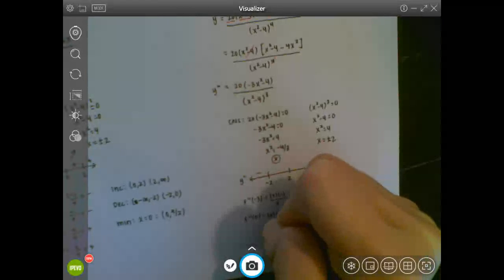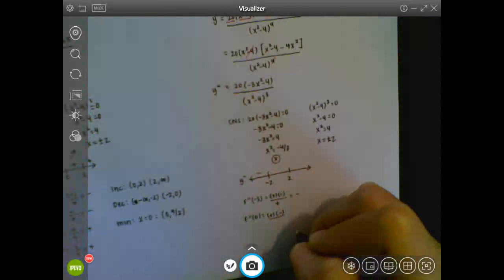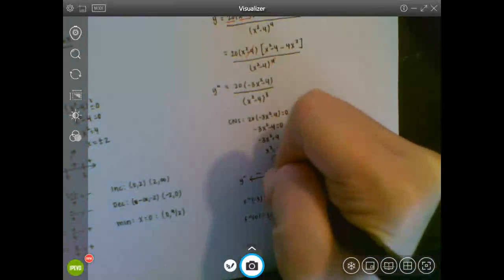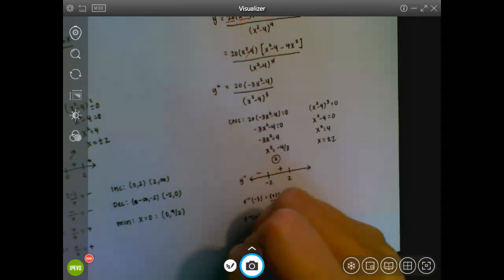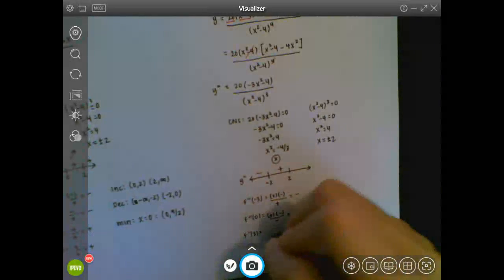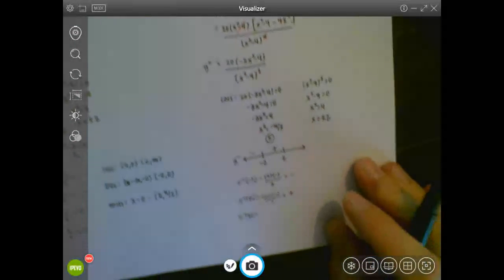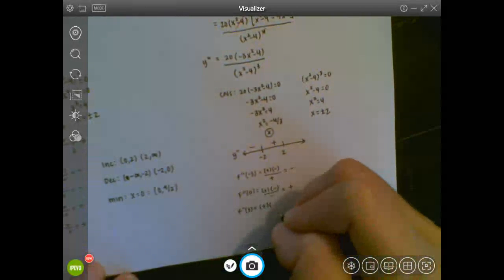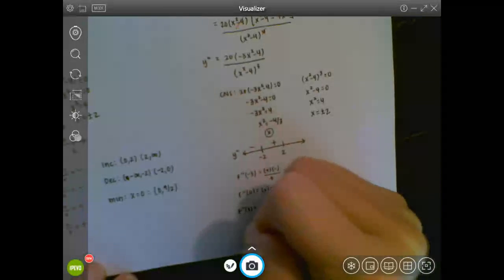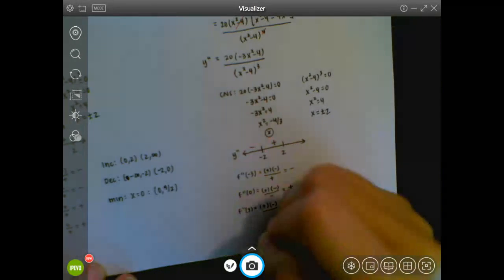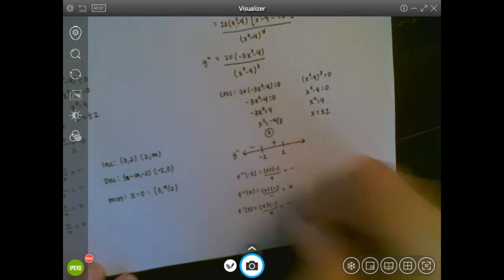That's going to be a minus, and then that will be a minus in my denominator. So that'll actually give me a plus for this interval. And then I'll test 3. Again, 20 is obviously positive. If I put a 3 in there, that'll be a negative. And if I put a 3 in the denominator, that'll be 9 minus 4 cubed, which is plus. So that'll give me a minus.